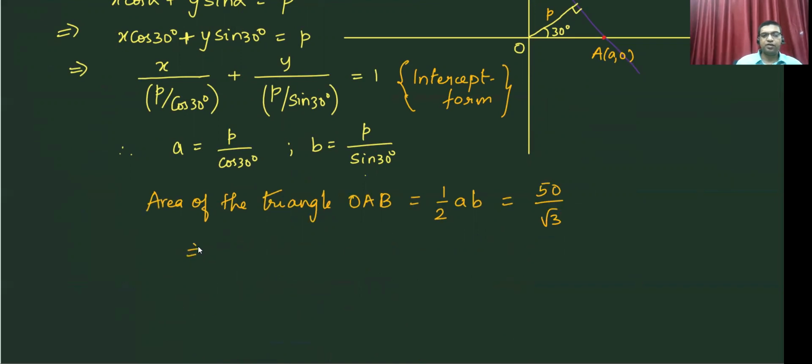So now we can do this. Half into A, p upon cos 30, into p upon sin 30 is equal to 50 upon root 3.